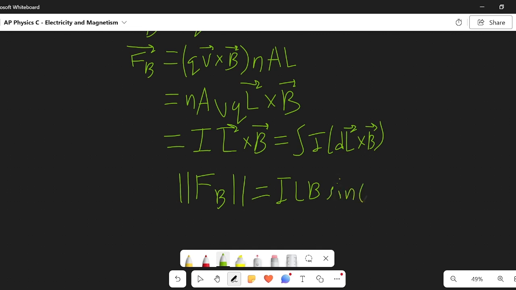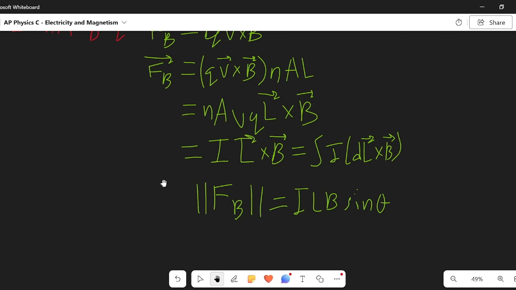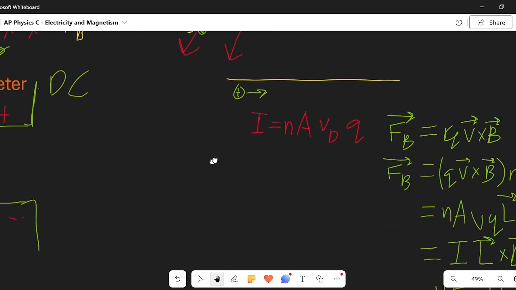The direction you can determine using the right hand rule, between L, the length, and the magnetic field. We do the same thing as we did with velocity and magnetic field, where you determine the direction of their cross product. So the defining direction is still the same.